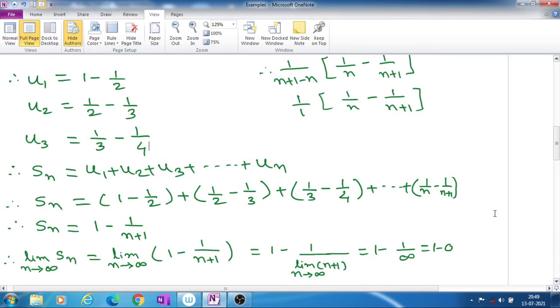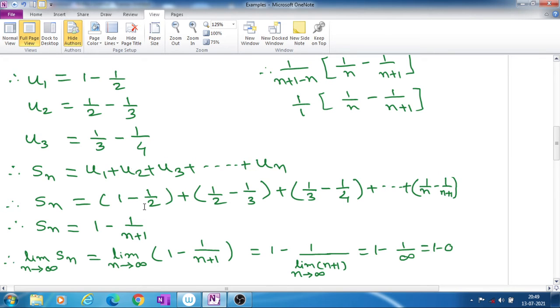So if we observe, we can see that in each bracket the first term will be cancelled with the second term of the previous bracket, and the second term of every bracket is cancelled with the first term of the next bracket. So in every bracket the first term is cancelled with the previous bracket, the second term is cancelled with the next bracket, thus all the terms get cancelled.